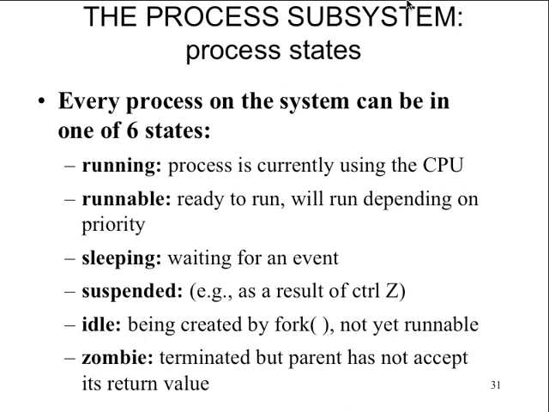So, let's talk about processes. The entire system is based upon processes right from the boot. In fact, processes are the subsystem that is running the entire system. Every process on the system can be identified in one of 6 states: running, runnable, sleep, suspended, idle, and zombied. We have daemon processes not on here.